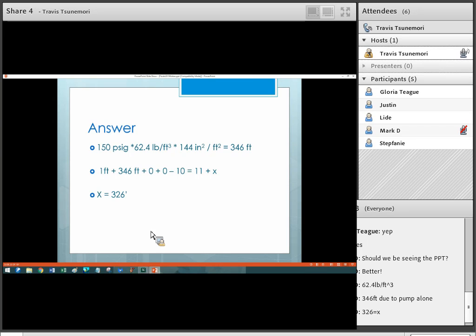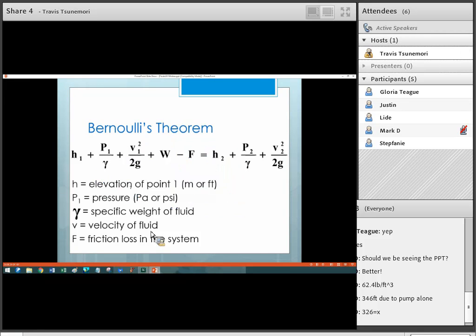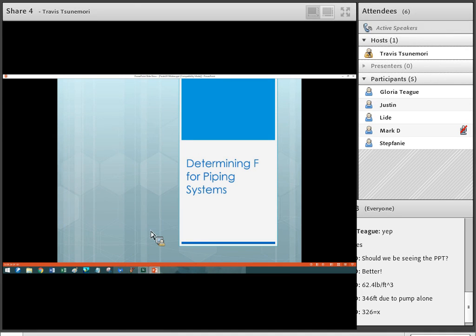We are going to go on. Now, in Bernoulli's equation, so far, we've either neglected F, the friction loss, in the system, or it's been given to us. But we want to be able to calculate it ourselves. So that's what we're going to do in the next section.